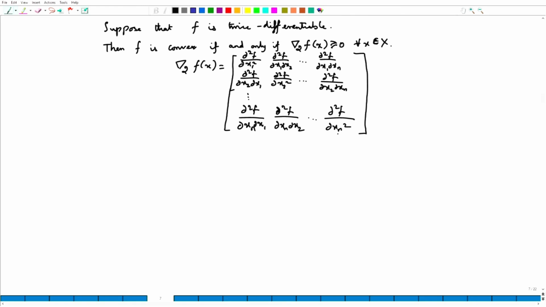Okay. So, yeah, this is the Hessian matrix, and you can see that it is an n cross n matrix.